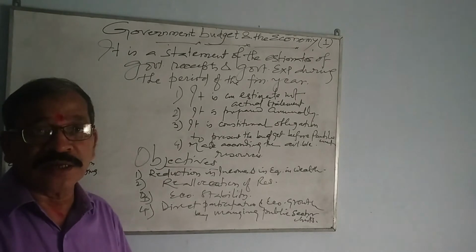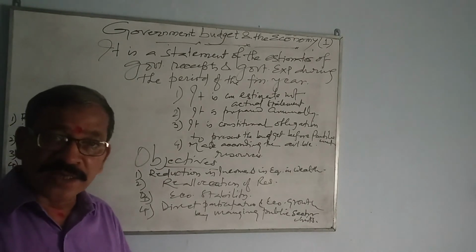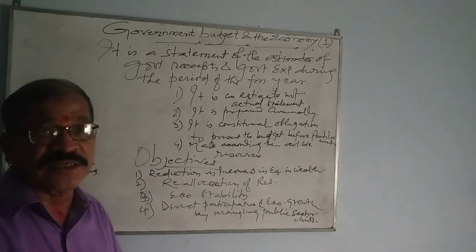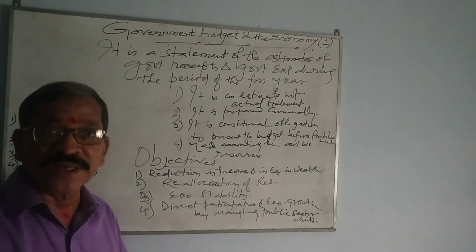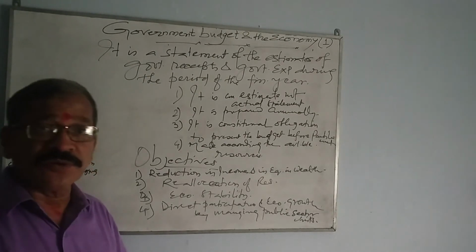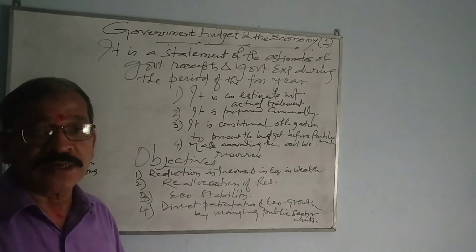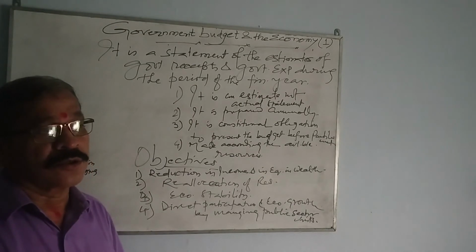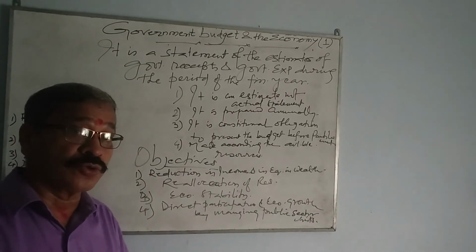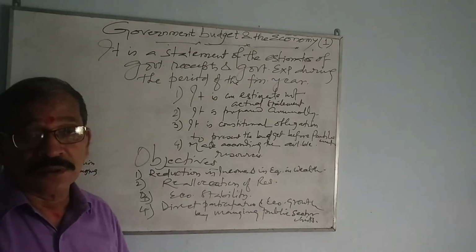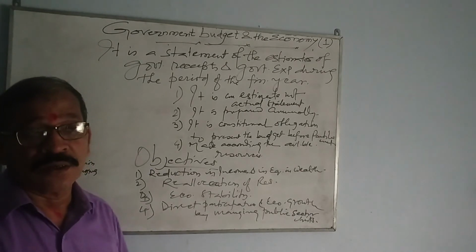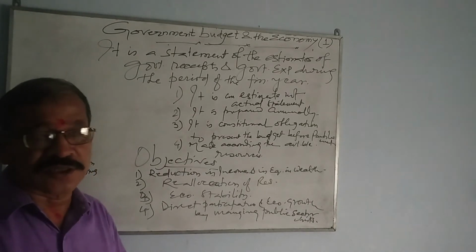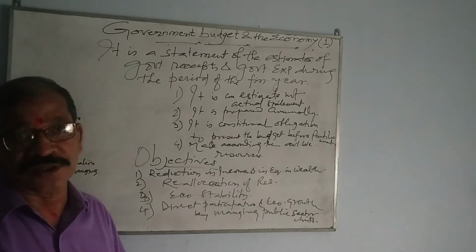In the next year they ask for queries, take feedback, see the practicality of the existing budget, and observe its merits and demerits. In the next budget the government tries to improve it and remove those problems or lacunae, and again for the next year the budget is prepared, keeping all these things in mind.